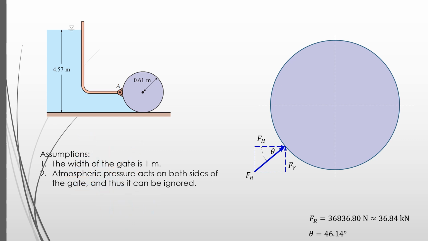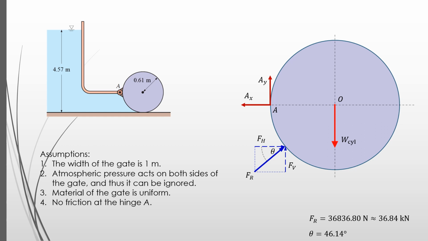Now let's draw the free body diagram of the gate. The weight of the gate is W_cyl, passing through the center of the cylinder. Here we assume that the material of the gate is uniform. At the hinge A, we have the reaction forces Ax and Ay. We assume there is no friction at the hinge A. At B, at the bottom of the gate, the reaction is By.